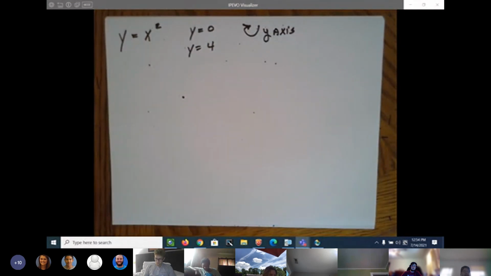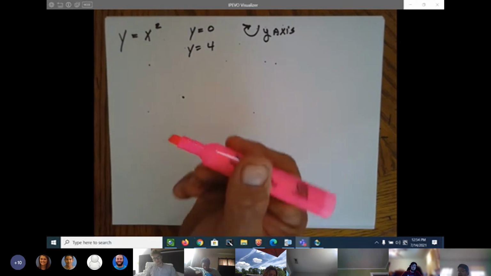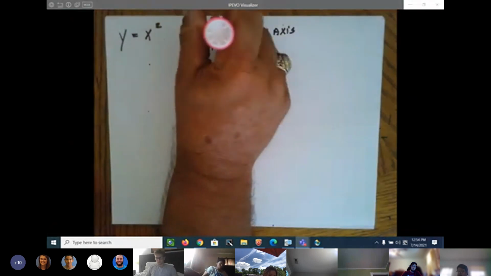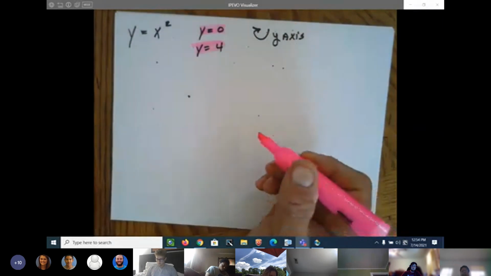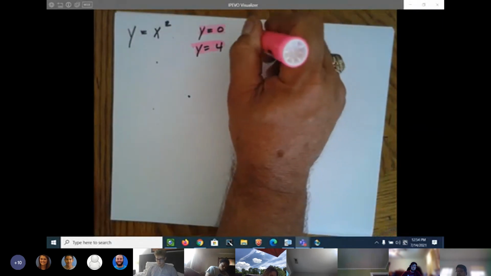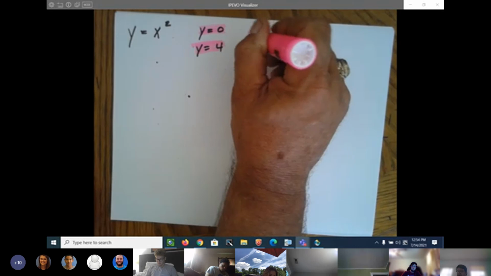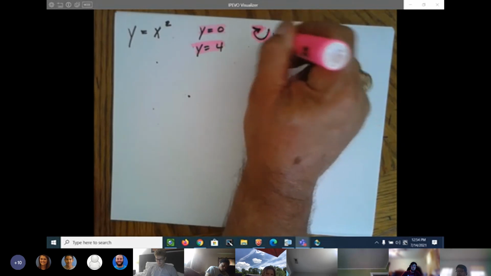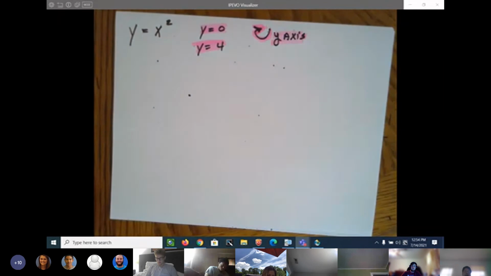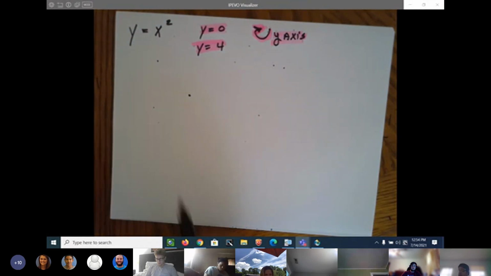So you have a couple of things that are different here. One, instead of x equals your parameters, you have y equal to the parameter, and that tells you that you're not rotating around the x-axis, you're rotating around the y-axis.